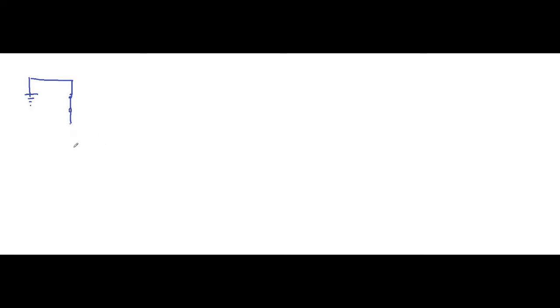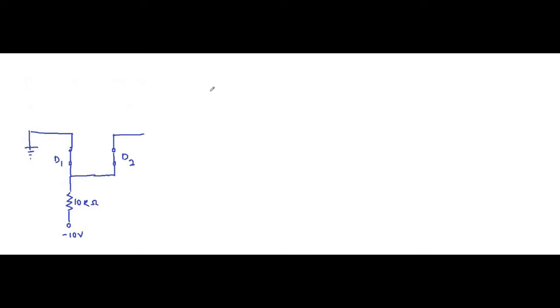Then we have this resistor of 10 kilo ohm connected to minus 10 volt. Then we have the other diode, which is also short circuited. This is D1, this is D2. Then we have plus 10 volt and 5 kilo ohm.